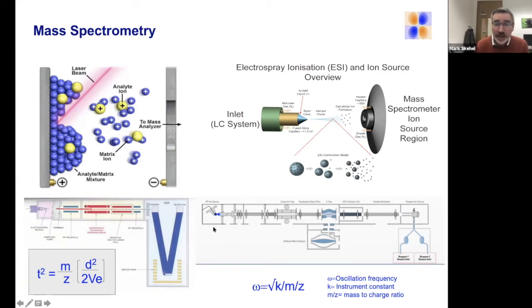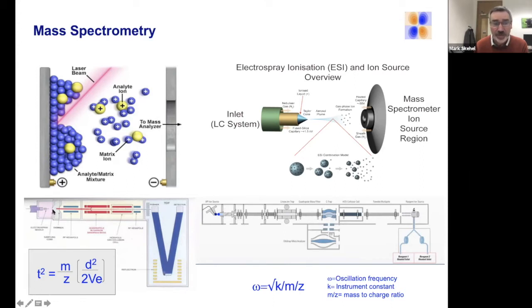And then the two methods of mass analyzer we have are time of flight instruments or Orbitrap instruments. If you can imagine it as a fairly simple conceptual technique, you simply measure the time it takes an ion to cover a set distance. So this is a reflectron.